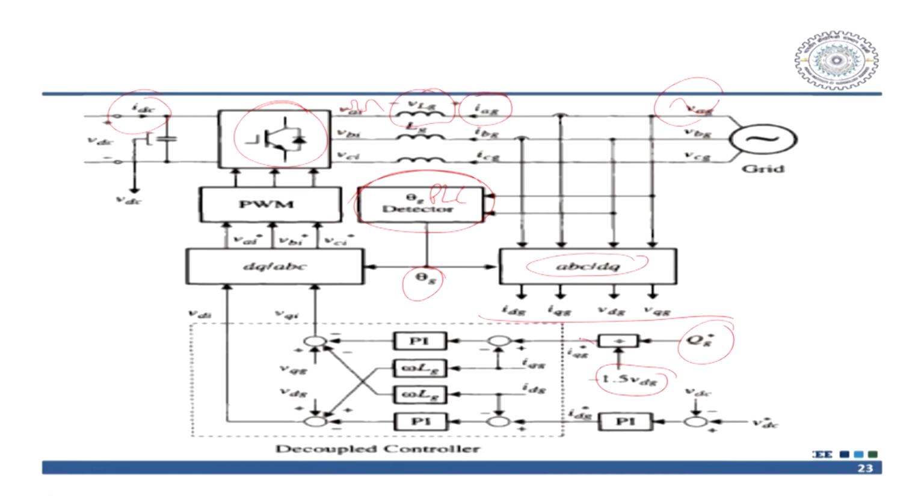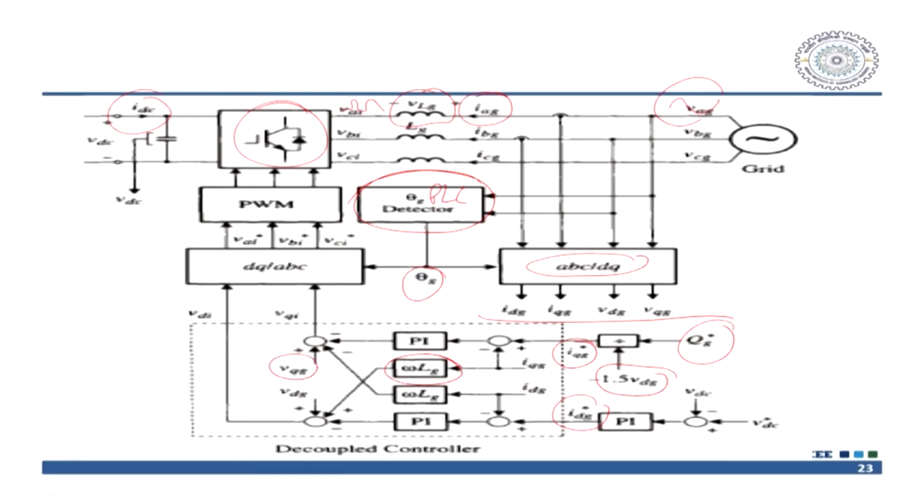From there you get a difference in IQG, and that will be subtracted here with the PI controller, and there is a cross term as I have told you in the previous case. It will be multiplied and will be dealing with the d axis component. Similarly, the d axis component will be multiplied with the IQ and will be dealing with the q axis component.